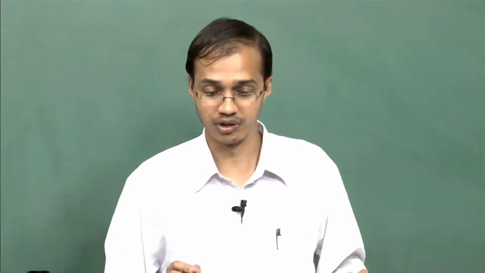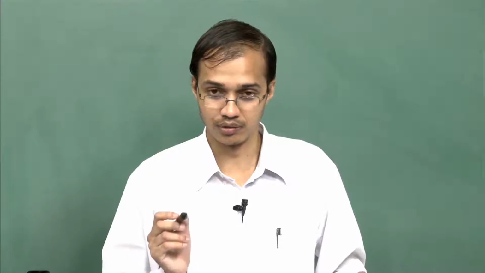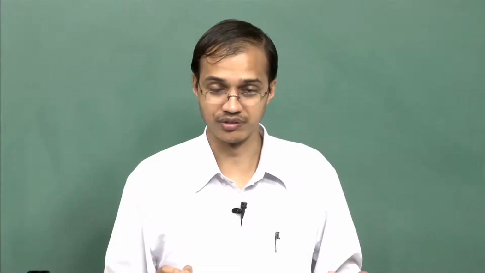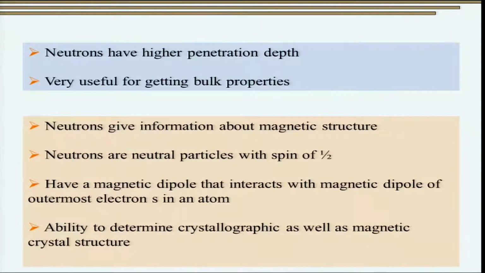So, whenever it comes to getting statistically relevant data for a normal diffraction data, we can always use neutron diffraction. The biggest advantage, which I am reiterating again and again for neutrons, is that they give information about the magnetic structure.